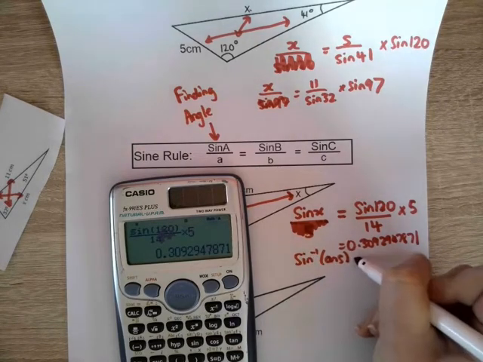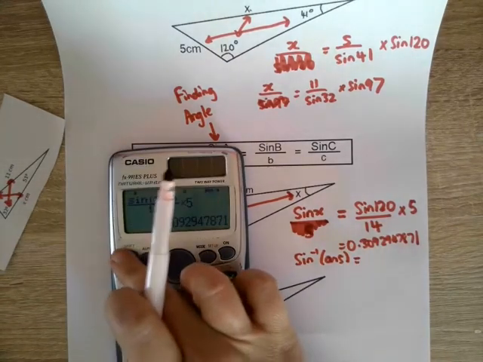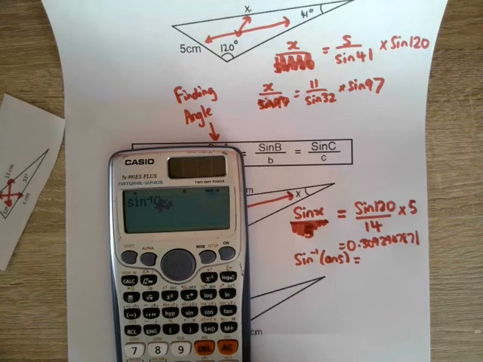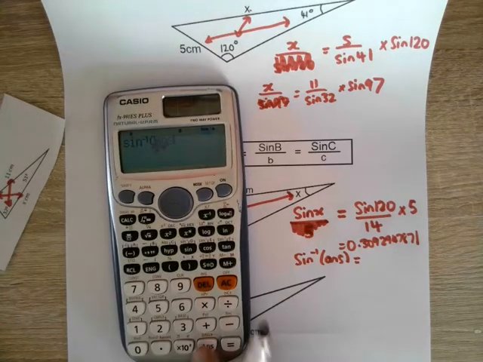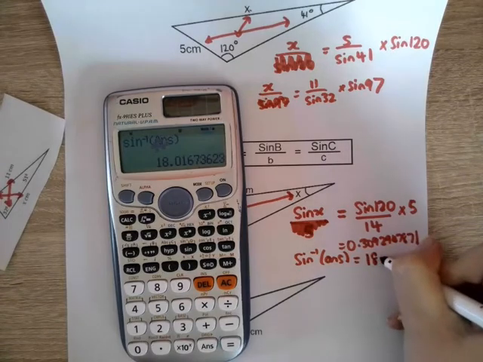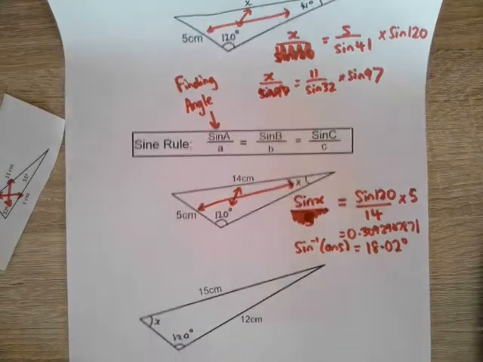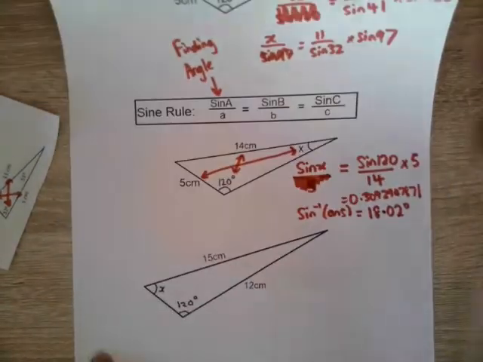I would just use your answer button, and you should have that number already saved. On mine, I can do shift, sine, press the answer button, close the bracket, and the angle should be 18.02 to 2 decimal places.